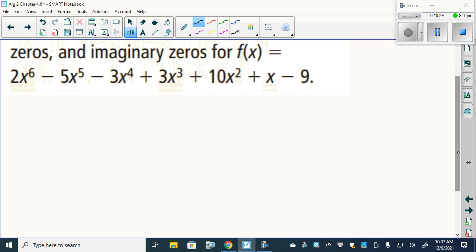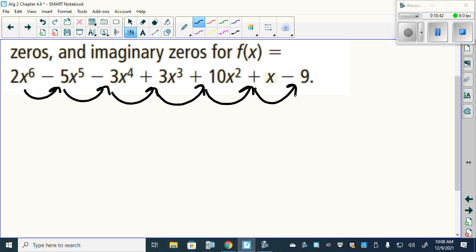So when we look at positives and negatives, we're really counting the sign changes, yes? So when we look at this here, we can go on and get the positives just straight from this. Because if we look at the sign changes from all of these here, we can just count them up. So x to the 6th to x to the 5th, yes, because it went from positive to negative. X to the 5th to x to the 4th, no, so I just put an x. X to the 4th to x to the 3rd, yes, this would be our second, because we're going from negative to positive.